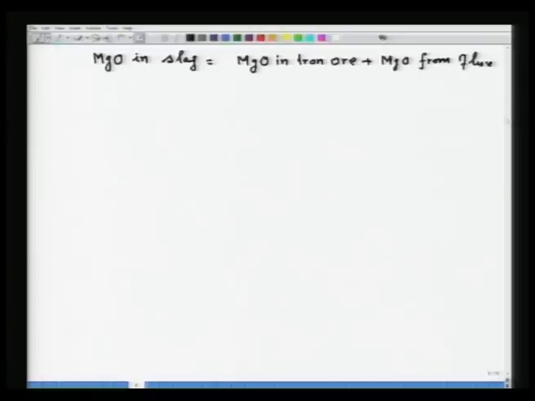These are the important things, all sources to be known. The flux contains MgCO3. So, MgCO3 will decompose to MgO plus CO2, and this MgO will enter into the slag.